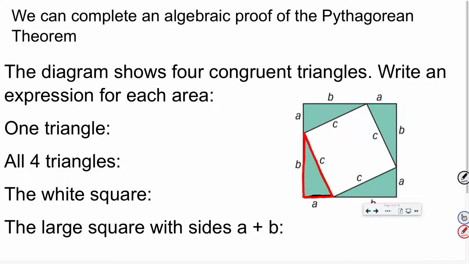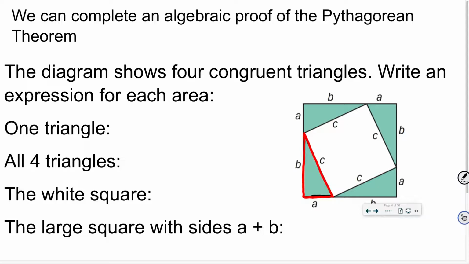Like, what if the base was 2 and the height was 4? Right, okay, so if my base was 2 and my height was 4, it would be 8 because it's 2 times 4. But right now, I don't have 2 and 4. I have A and B. So how could I show that I'm multiplying A and B? Just A times B, yeah.